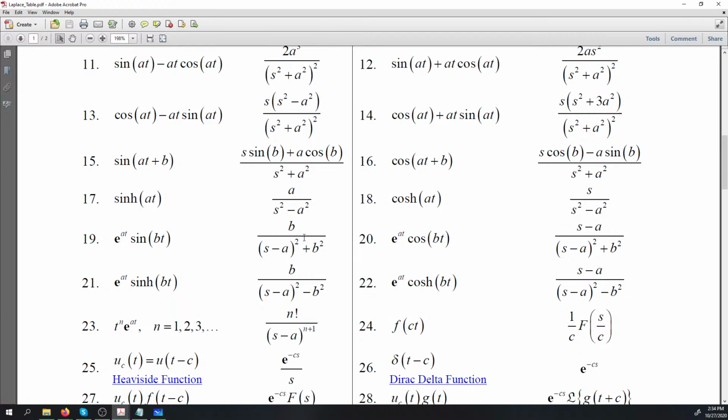So we're going to have a b factor here and an s minus a factor to get the associated time transform. So this b factor here needs to be associated with b squared, and this a factor here is going to be associated with the a that's in the bracket here for our square term.